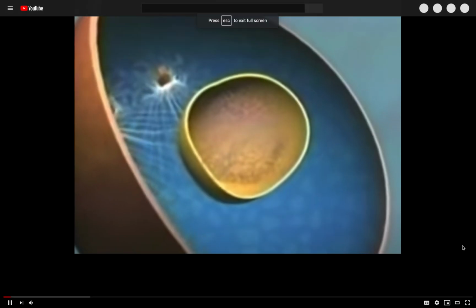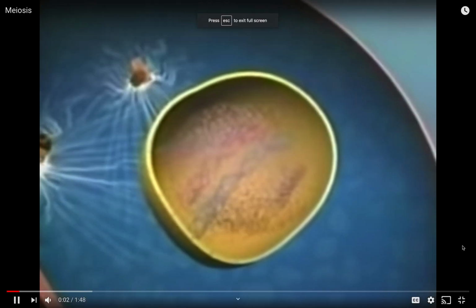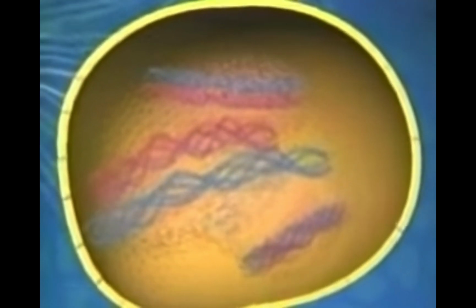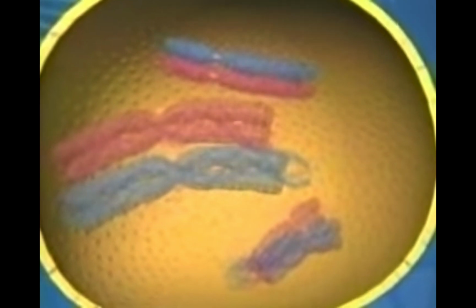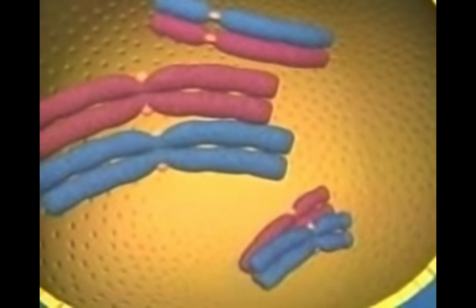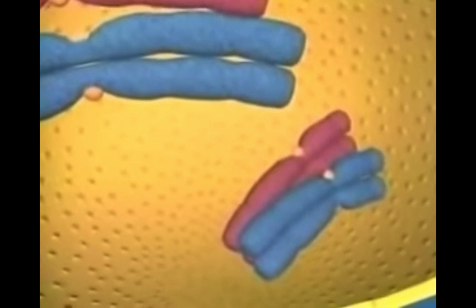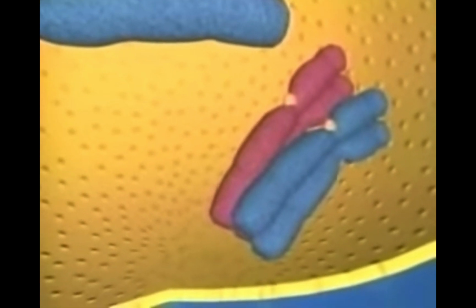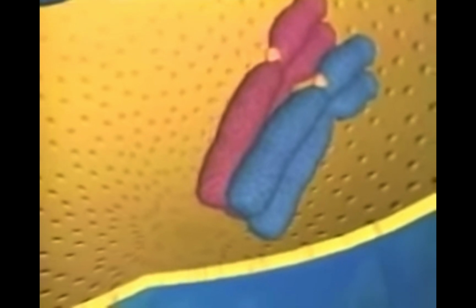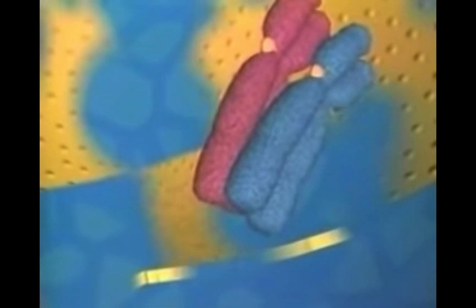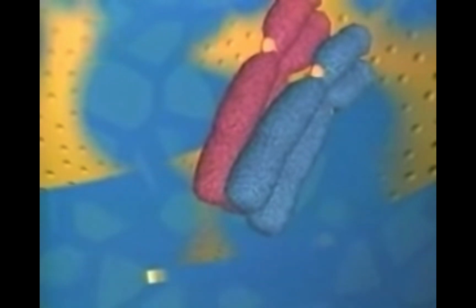The cell prepares for meiosis just as it does for mitosis. But as the DNA condenses, each chromosome finds its homologous counterpart. These matching pairs of chromosomes hold equivalent genetic information, one set from mother and one from father. Next comes the first shuffle of nature's genetic deck.